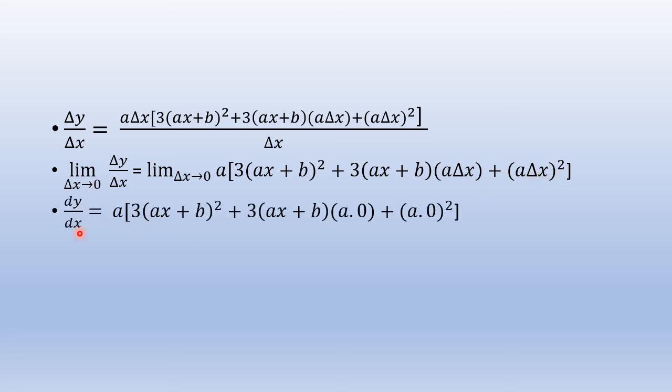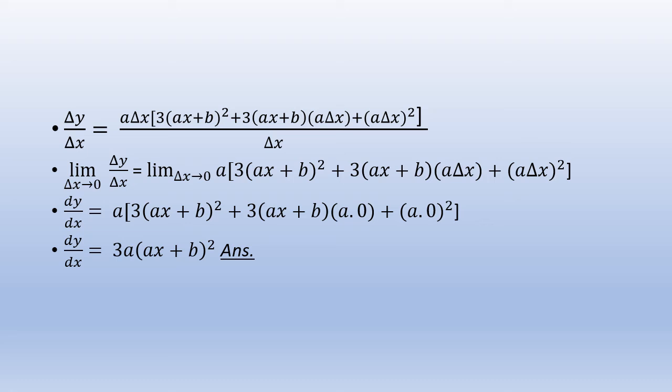This becomes dy by dx. This becomes as it is. And this becomes 0, this becomes 0, so this term is 0, this term is 0 and we are left with only this thing. And this is the answer. These are the basic things which we are going to use in all of the questions of exercise 2.2.